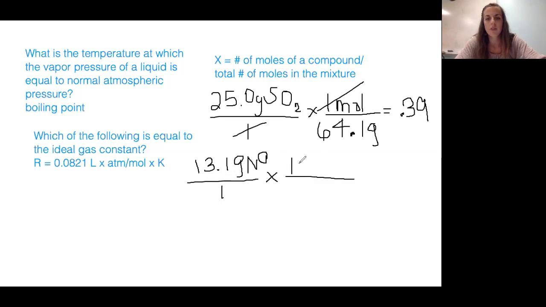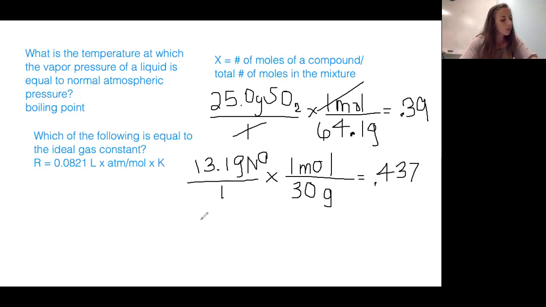I have full confidence that you know how to do it. We find out how many grams are in 1 mole of NO, which would be 30. You just find the mass of N plus the mass of O, and that's where you get that number. Once you put that in the calculator and divide, you get 0.437, and that's moles of NO.